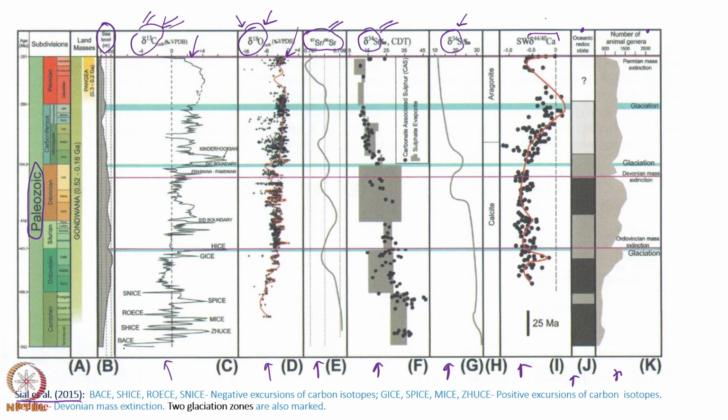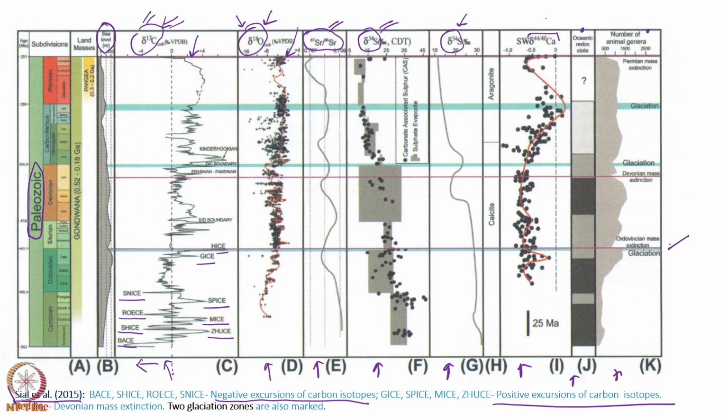We are finding many spikes: BAC, SHIC, ROEC and SNIC. These are the negative excursions of carbon isotopes, because from the standard 0 line they have all gone to the left, and ZHUC, MIC, SPIC, GIC and also HIC indicate positive excursions of the carbon isotopes.